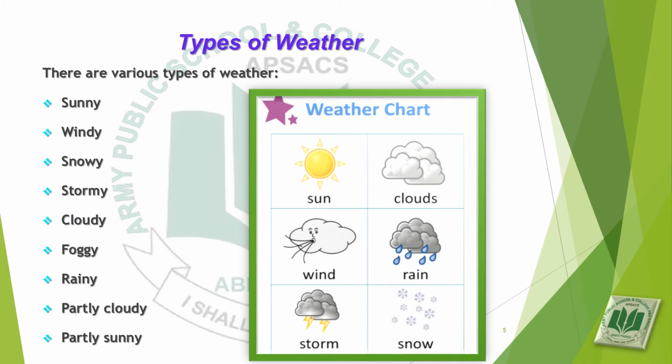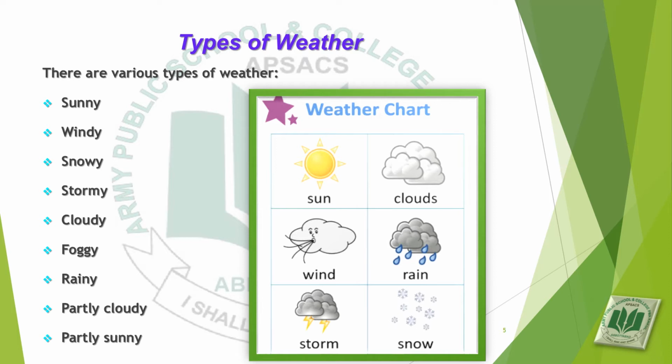We have discussed earlier that weather is a changing phenomenon, a dynamic phenomenon. So it has various types. For example, sunny, windy, snowy, stormy, cloudy, foggy, rainy, partially cloudy, and partially sunny.